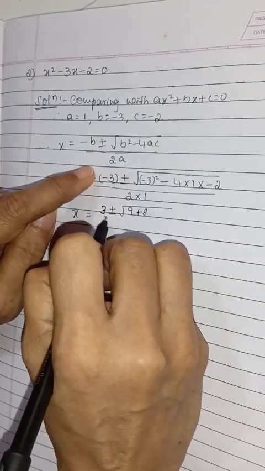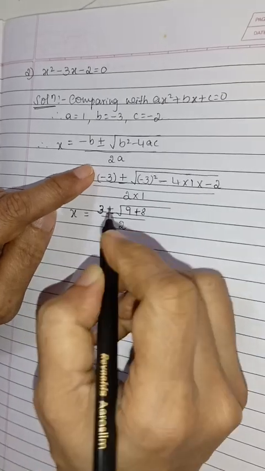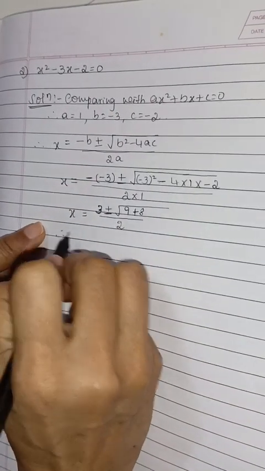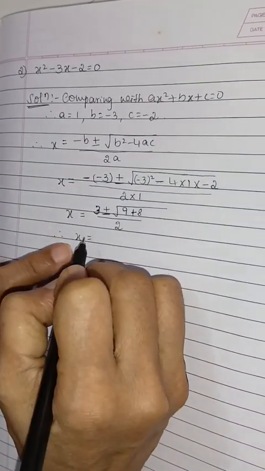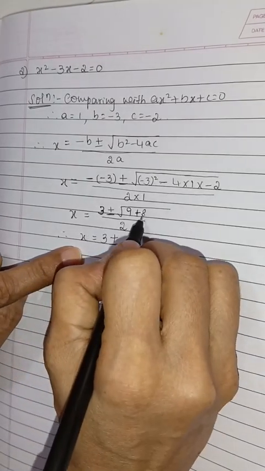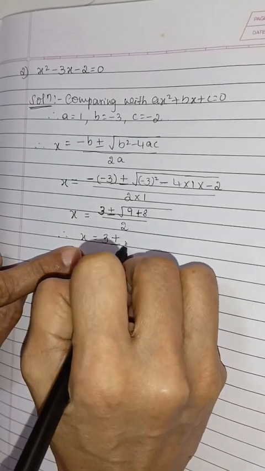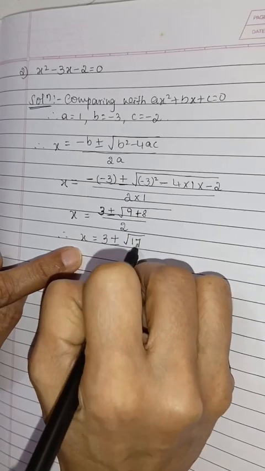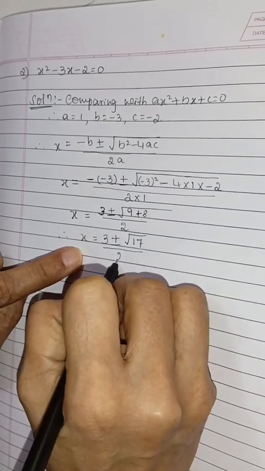Okay, divided by 2 1 is a 2. Therefore x is 3 plus or minus 9 plus 8, 8, 8, 16, 17, root 17 divided by 2.